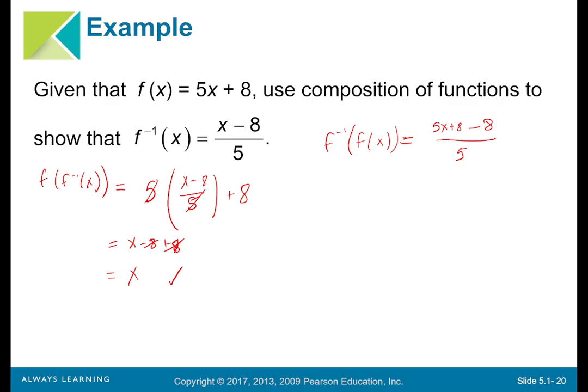So there you see I've plugged f into the x place. And so now I have a plus 8 and a minus 8, and I'm left with 5x over 5. And of course the 5's cancel, and I'm left with just x. So the inverse also works out in this direction. It does need to work out both directions to check, but we have verified that f inverse is in fact the inverse of this function.